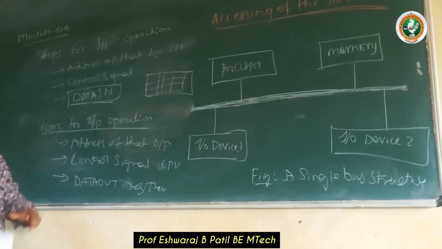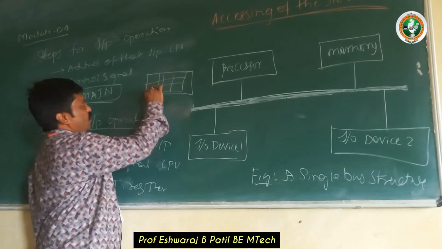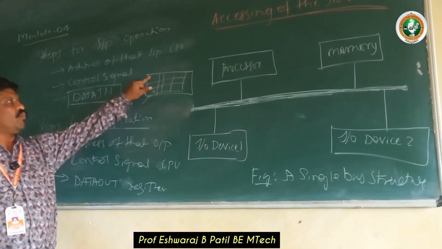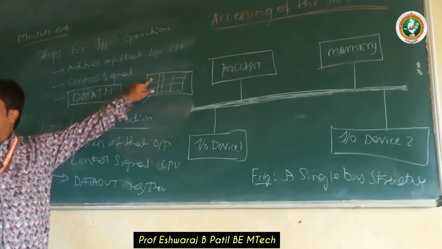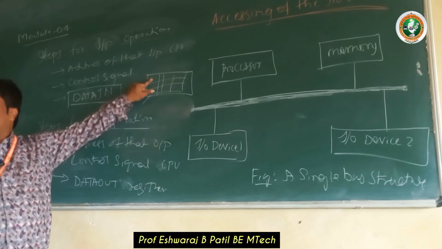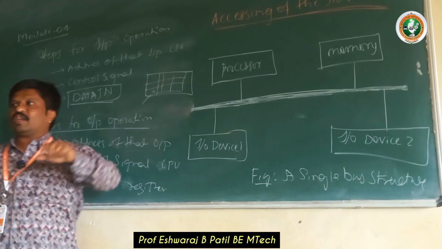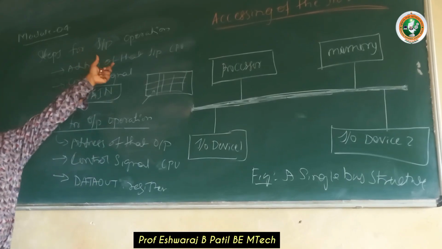If you send any data from the input device, it will first go to the data in register. From the data in register it is converted to the mnemonic code, which is sent to the processor.